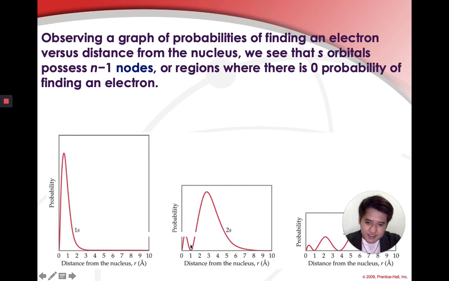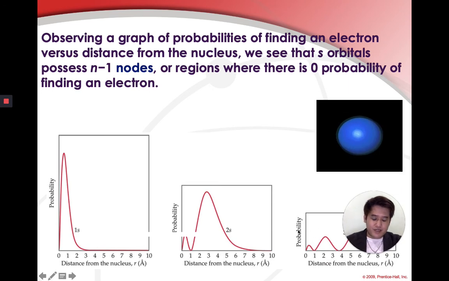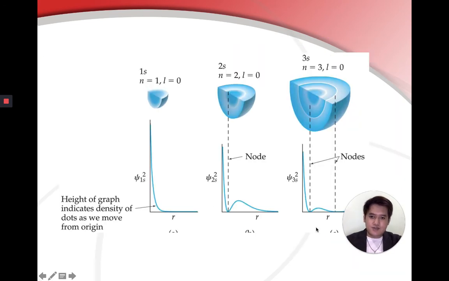Why are there zero values? This represents the peak area, where there are electrons. If you try to study the graph, there are areas that are white. That means there is no chance of finding electrons there. There is a node.